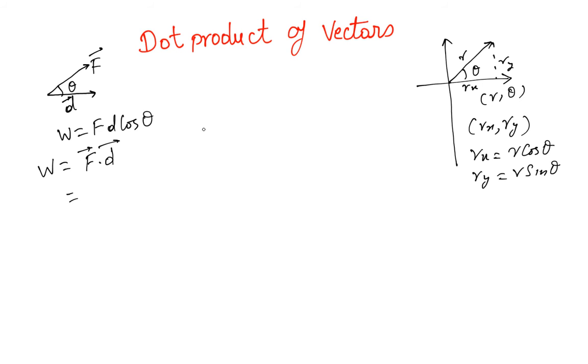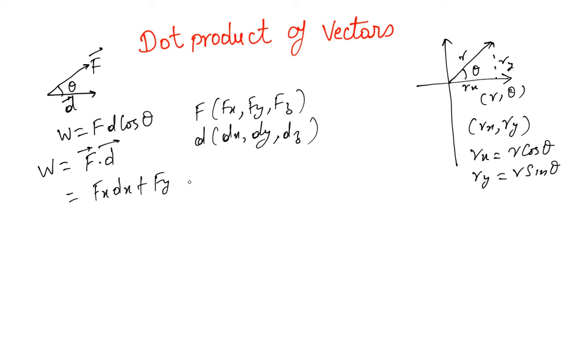It means if f is fx comma fy comma fz and d is dx comma dy comma dz, then f dot d, which is f dot producted with d, is fx dx plus fy dy plus fz dz. Well, this is in 3 dimensions.